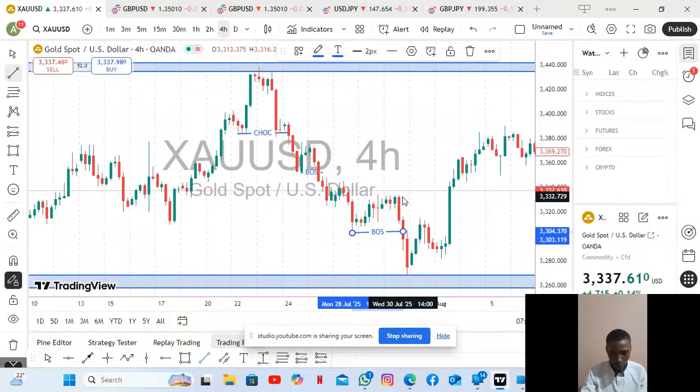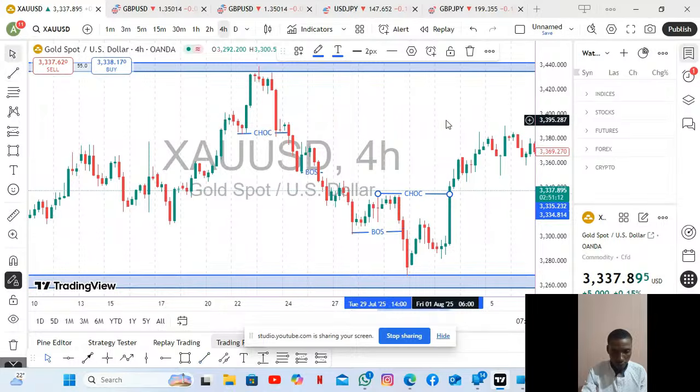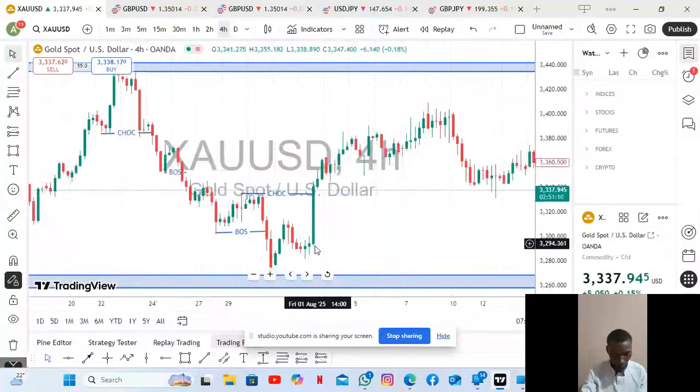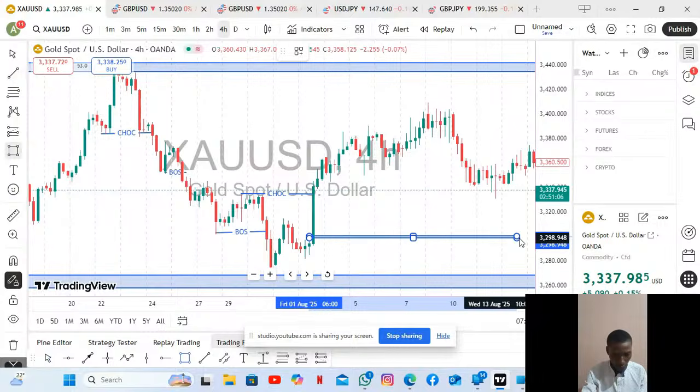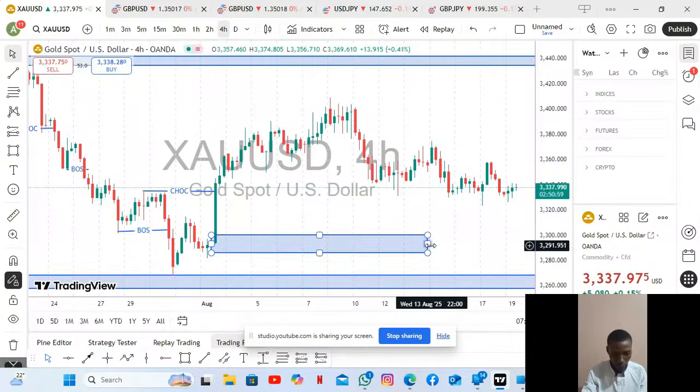And suddenly, there was a change in direction to the upward side. We have another change of character to the upward side. And this is the order block. For some time now, we'll be trading with this order block. That is one area of interest we shall be looking at.